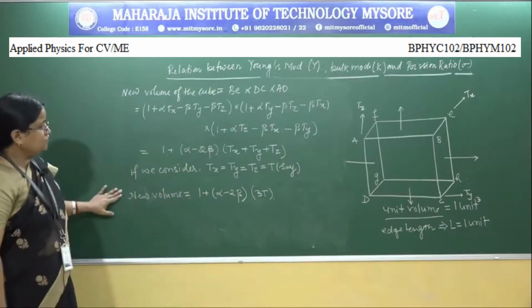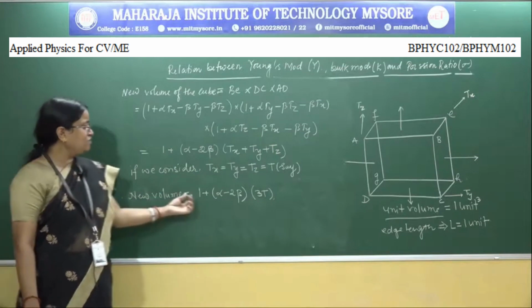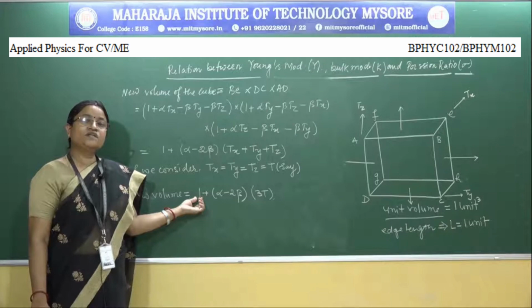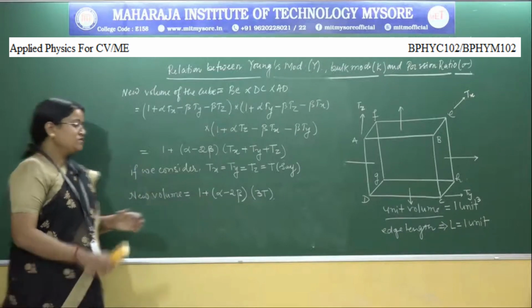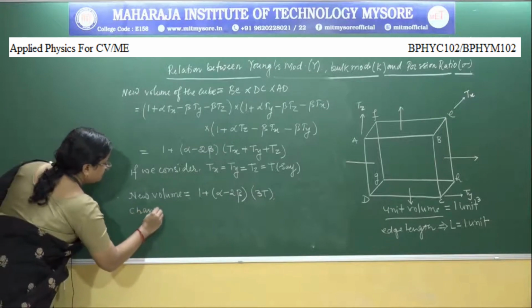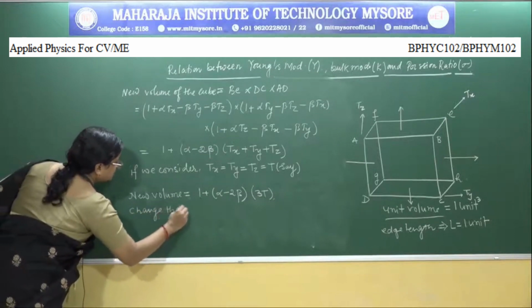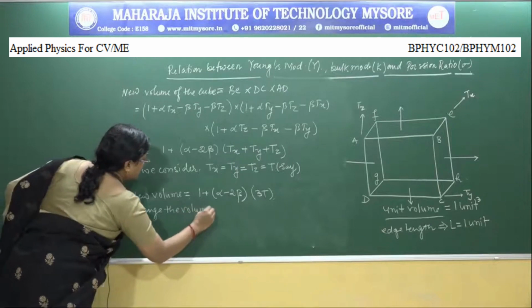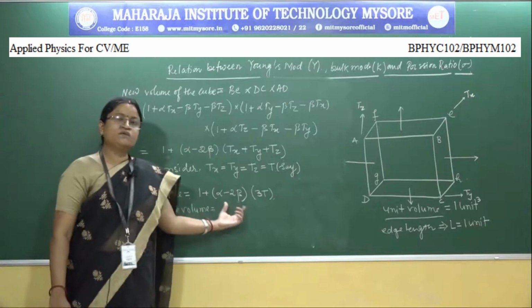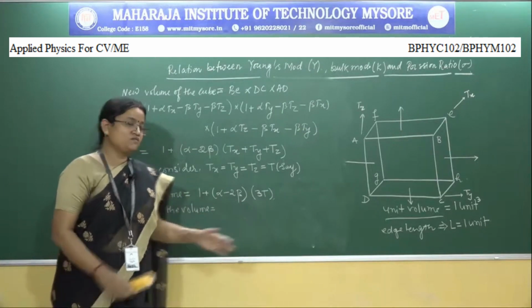Now, this is the new volume, and what we knew is that the original volume is 1 unit. So, if we want to calculate the change in volume, it will be equal to the new volume minus the original volume.